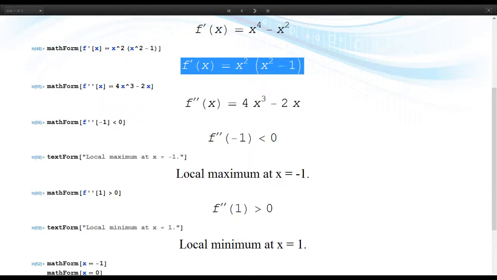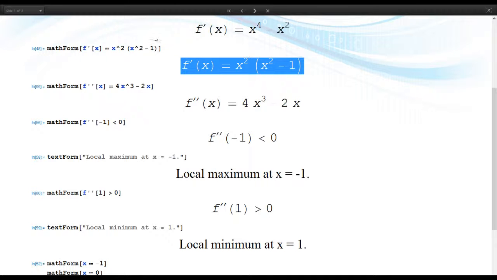So we're going to plug in a half and negative a half into the first derivative. That'll tell us the sign of the derivative between negative 1 and 0, and between 0 and 1. Sorry, that'll tell us whether the function has a maximum or a minimum at 0. Or maybe it has neither at 0.